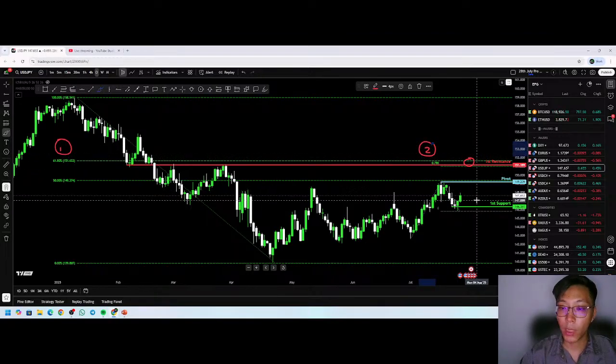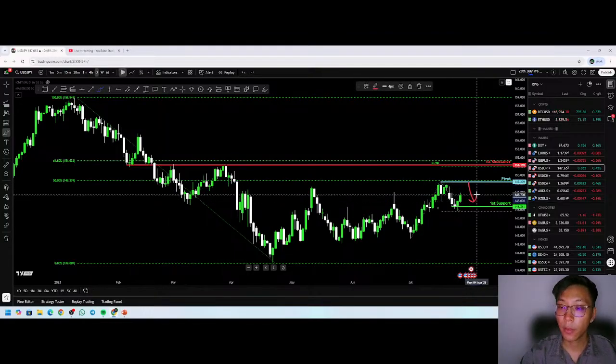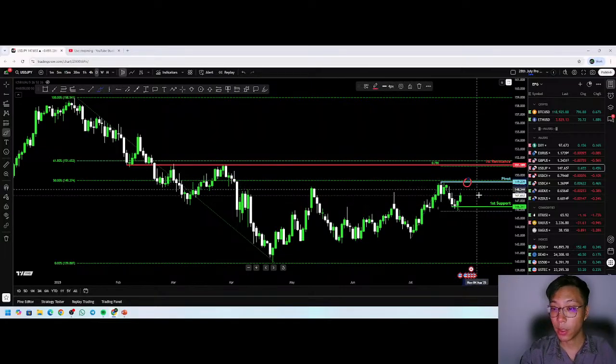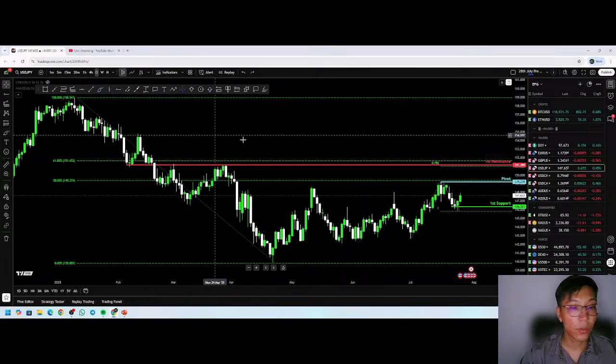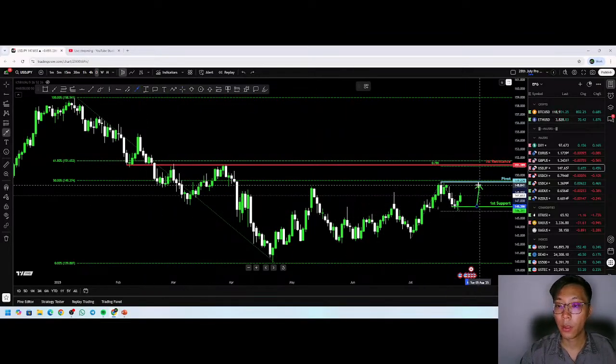However, we are looking at a downward movement, at least to the first support level. So we are selling, sell to buy. Okay, so we are selling here to buy over here. Alright, so that is the overall outlook for USD JPY.